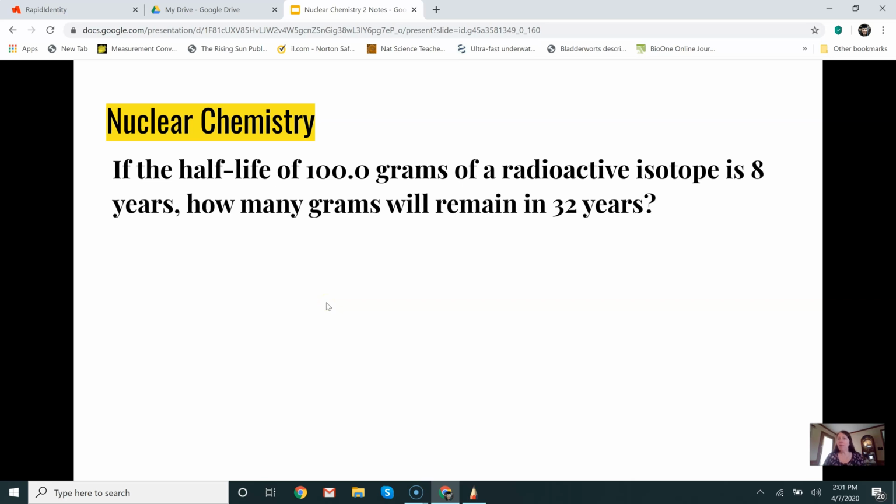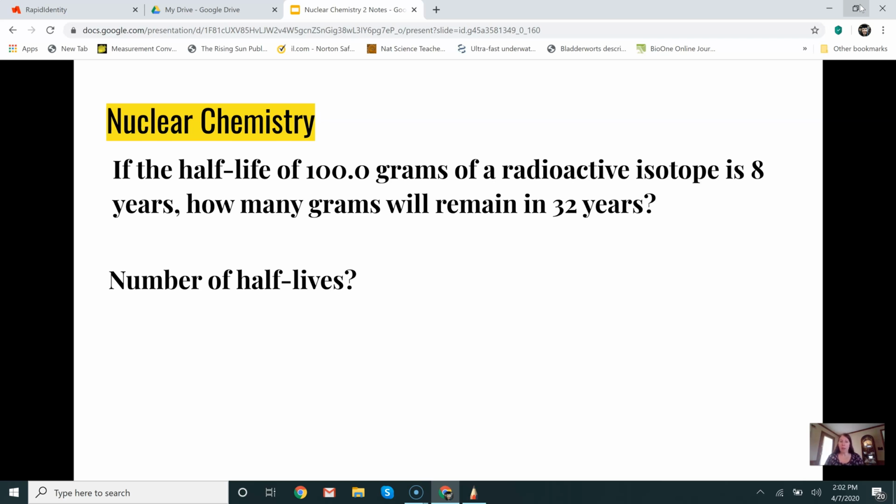All right. If the half-life of 100 grams of radioactive isotope is 8 years, how many grams will remain in 32 years? So we have to calculate the number of half-lives, and we did that last time by taking our total time and dividing it by our half-life time.